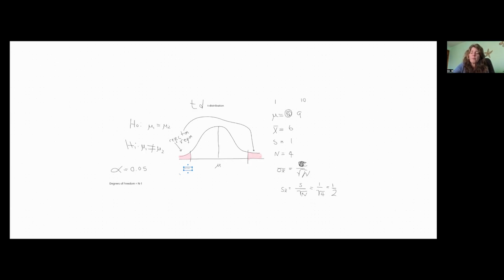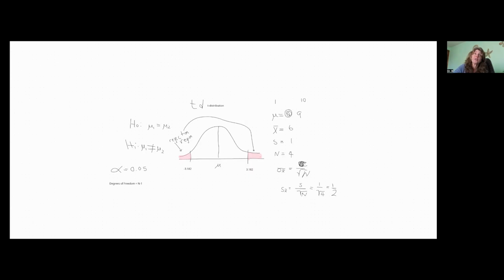3.182. On this side, that's going to be negative. And on the other side, it's going to be positive 3.182. So what that means is that when you calculate your t, if your t falls above positive 3.182, it's falling in the rejection region.